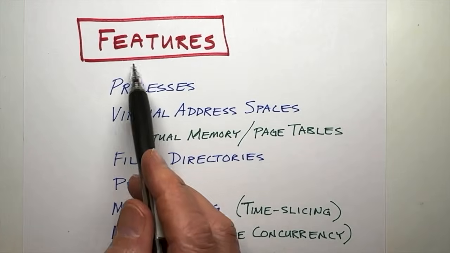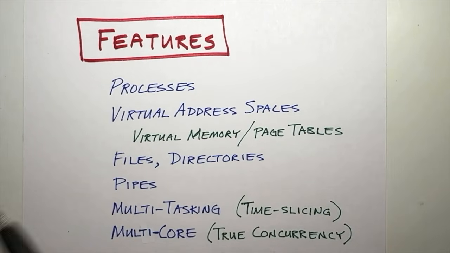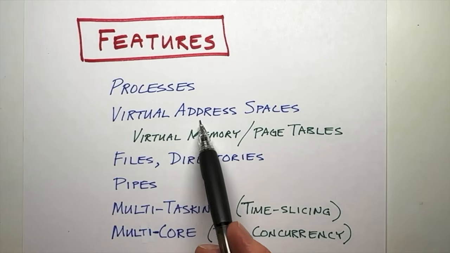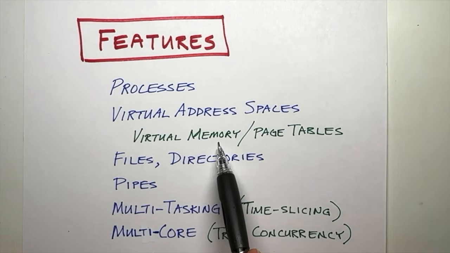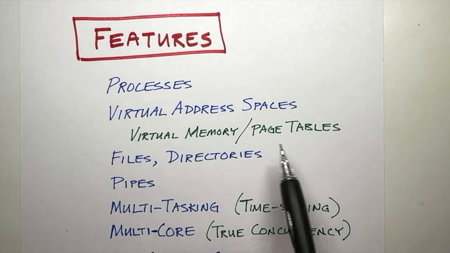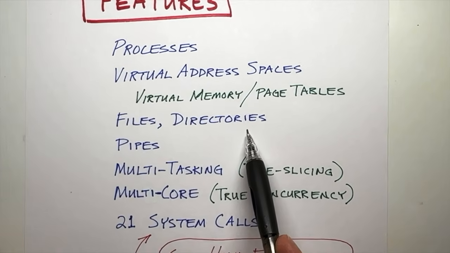Now, let me list the main features of the xv6 operating system. It's got processes, and each process runs in its own virtual address space. To implement virtual memory, it uses page tables with one page table for each address space. There's a basic Unix-like file system with files and a hierarchy of directories.